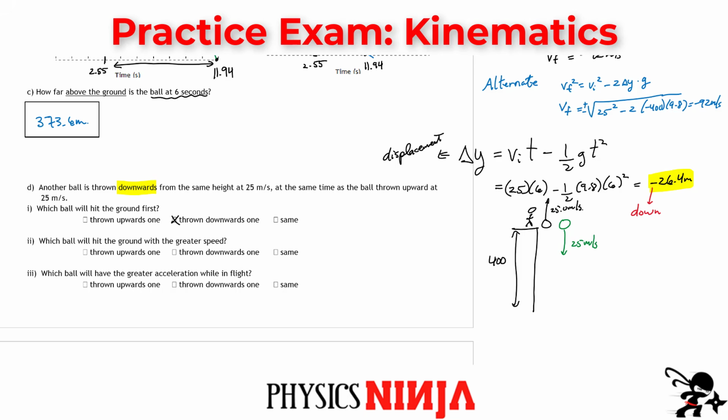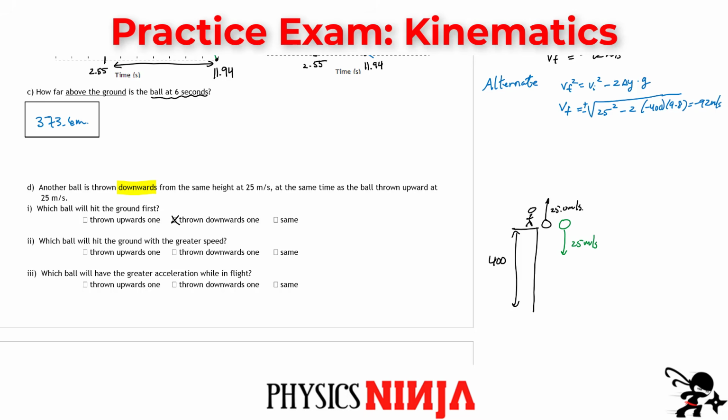Which ball hits the ground with the greater speed? So this one here is a little bit tricky, right? Let me give myself a little bit more space to try to explain this one. Let's think about the first ball that I throw, the one illustrated in black. We know that it goes up, it goes to 0, then it turns around and comes back down.